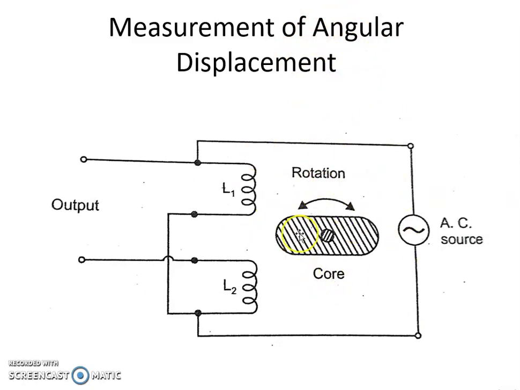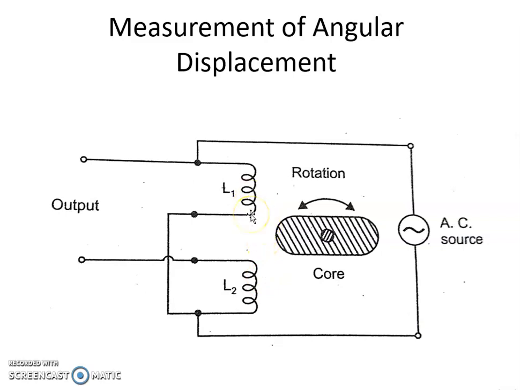This is the diagram of the variable reluctance transducer. Here L1 and L2 are two identical coils connected in series opposition.